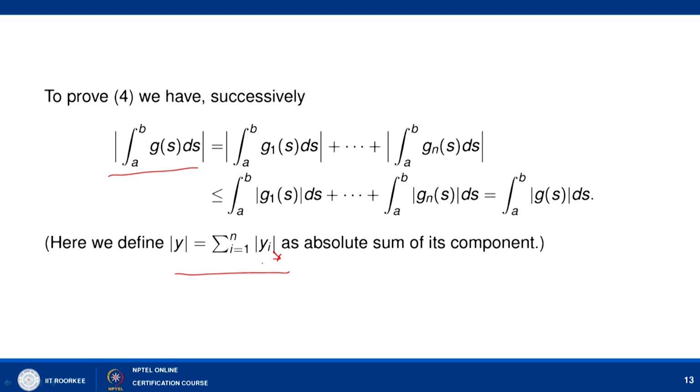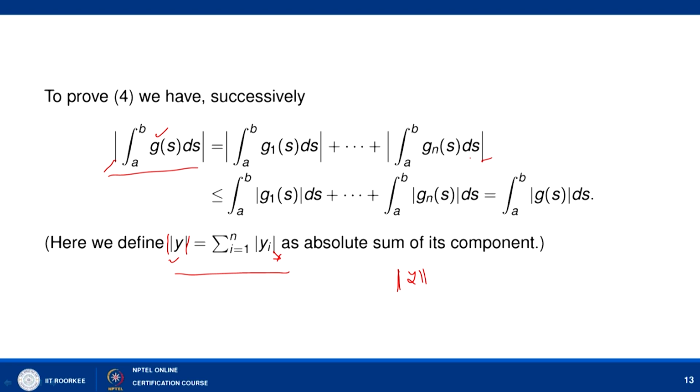Here it is simply modulus, and to differentiate between the modulus and the norm, many a times we use a different notation. So when we consider the vector valued function, this denotes the norm of the vector valued function, and when we talk about the component, then this represents the modulus or absolute value of its component.